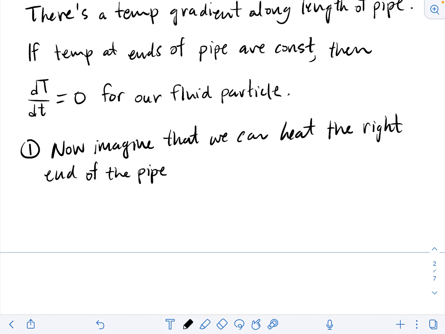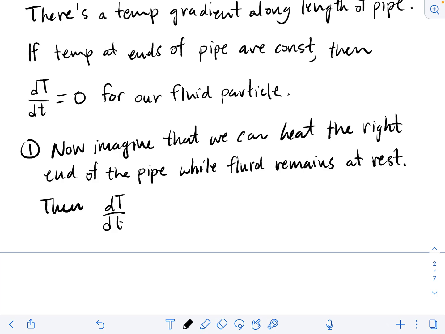Okay, so we heat the right end of the pipe while the fluid remains at rest. Then the time derivative of the temperature of our fluid particle is not equal to 0.